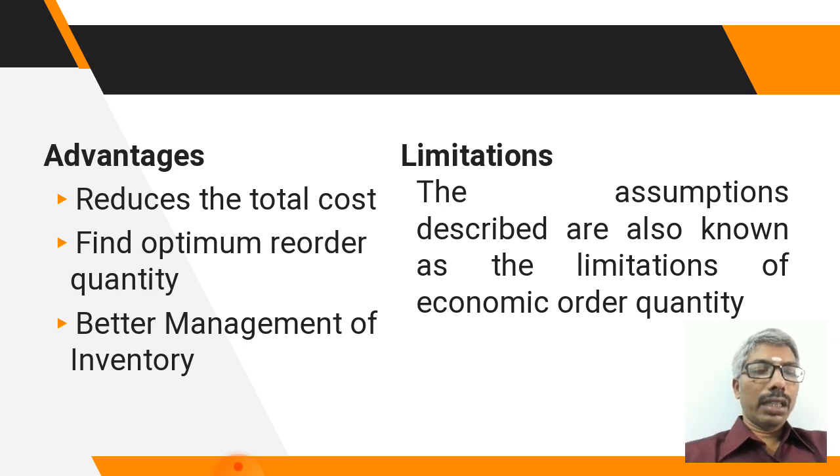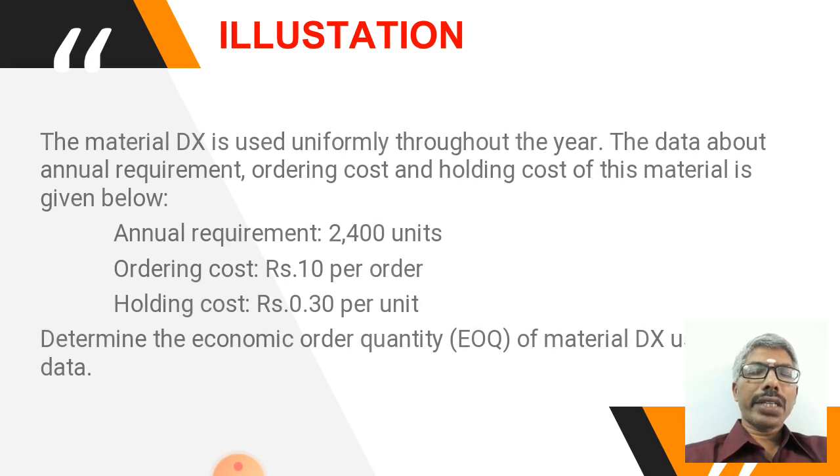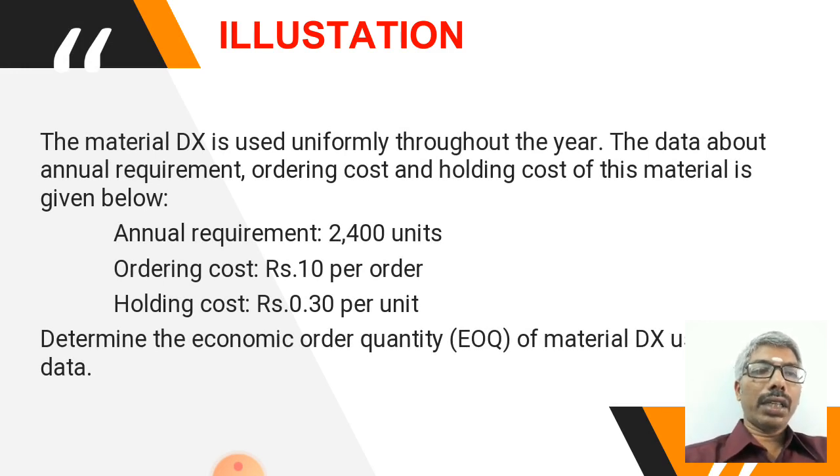If you recall the assumptions, not all are practically implementable. That makes some limitations to the application of the EOQ in our business firms. Illustration. Here I am trying to explain the economic ordering quantity with one illustration.